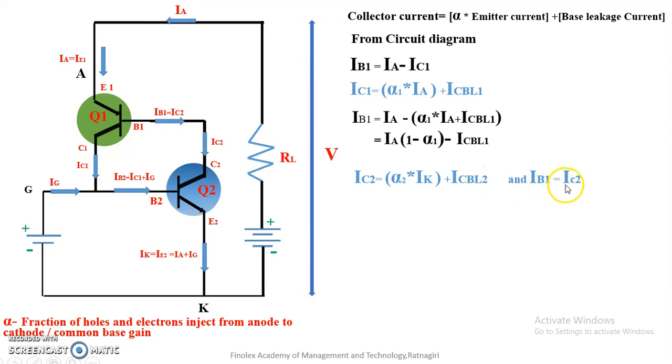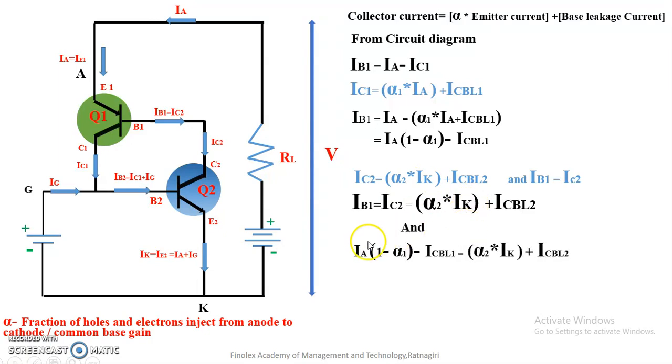And we know the base current of the first transistor is equal to the collector current of the second transistor. Next, when you equate the base current to the collector current, I have replaced it with this whole equation.